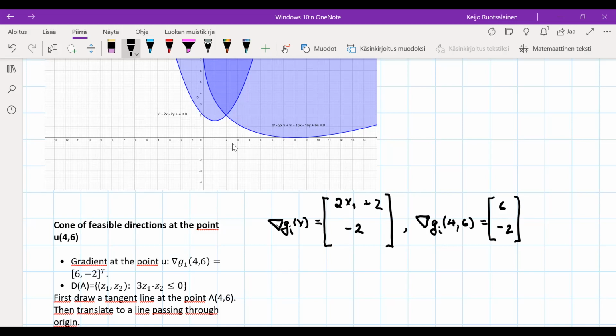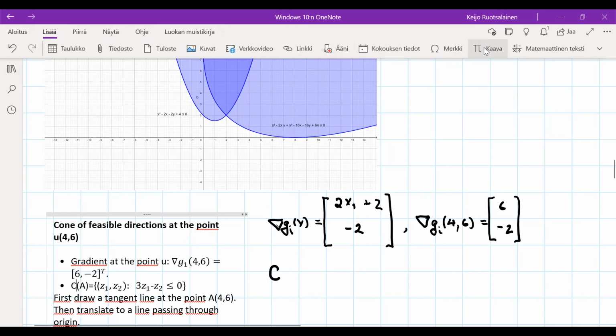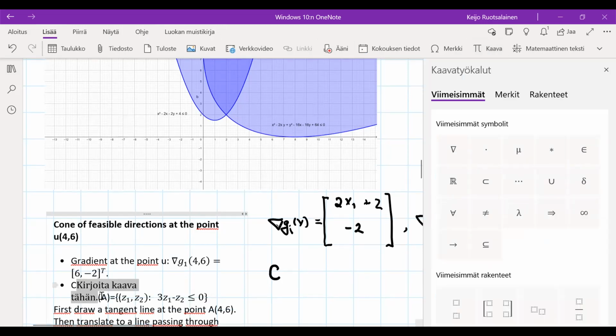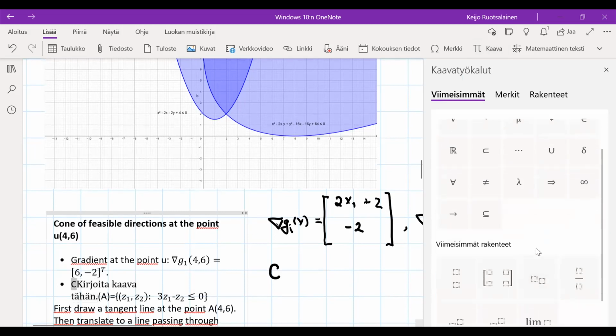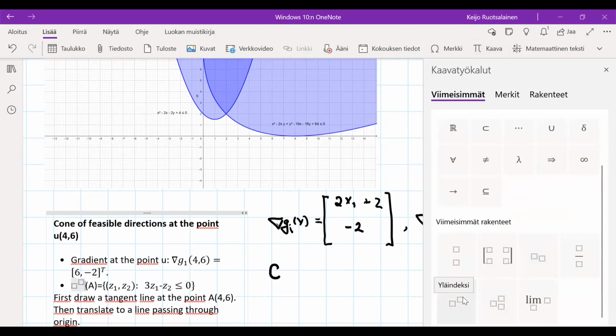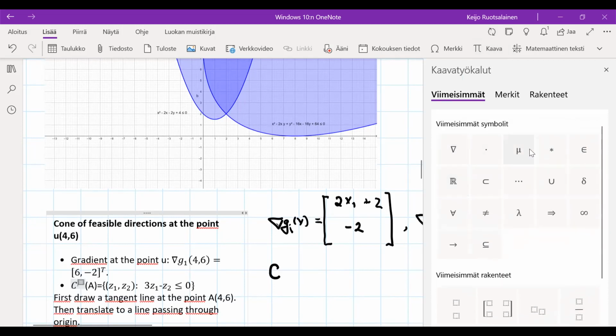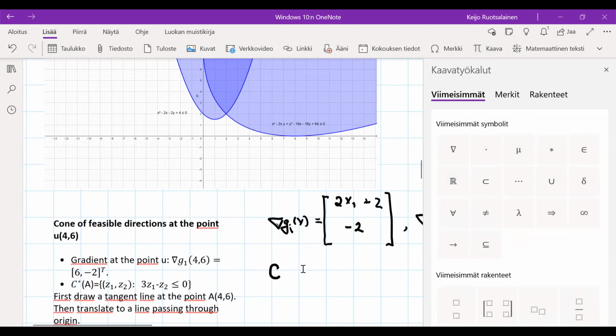And then I should put it here. It's C. Okay, now they are.